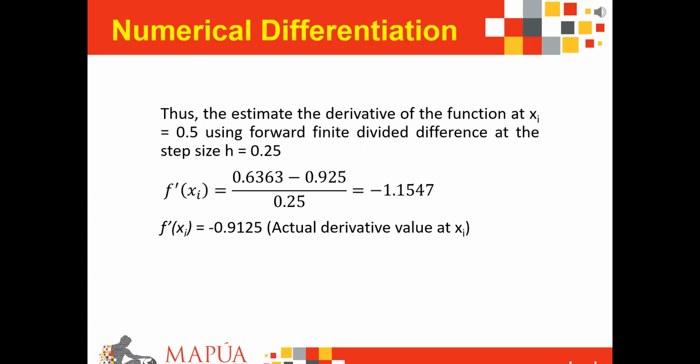If we then compare that to our previous computed actual derivative value, which is negative 0.9125, we would end up with an error now of about 0.2422, showing that yes, lowering the step size do indeed improve accuracy for our given particular derivative estimate.